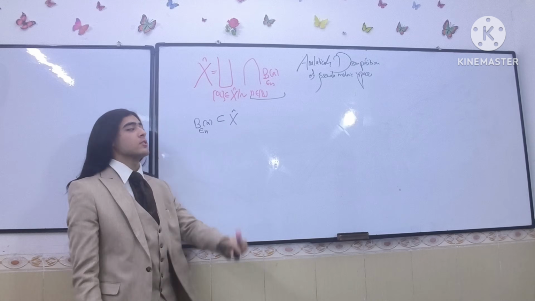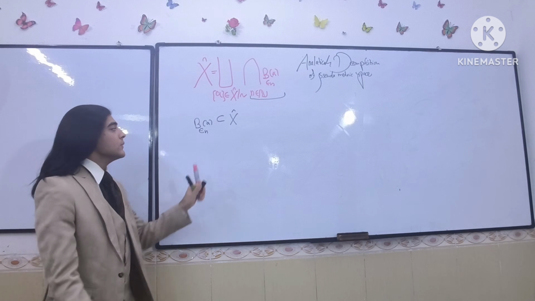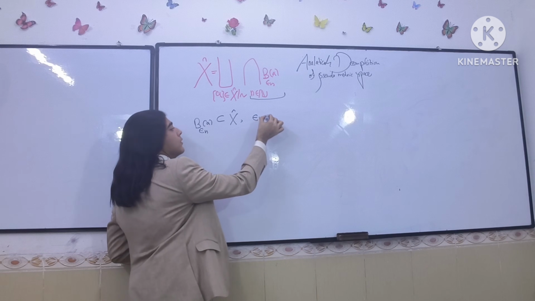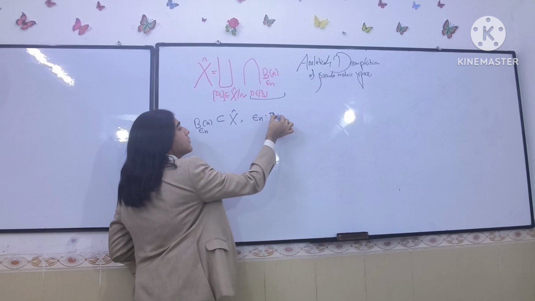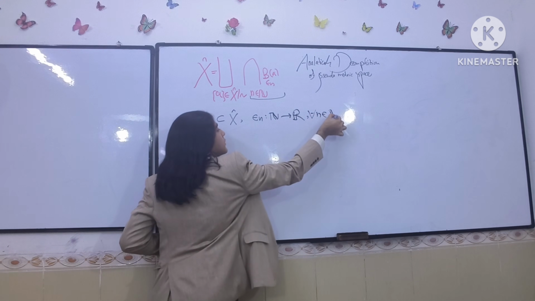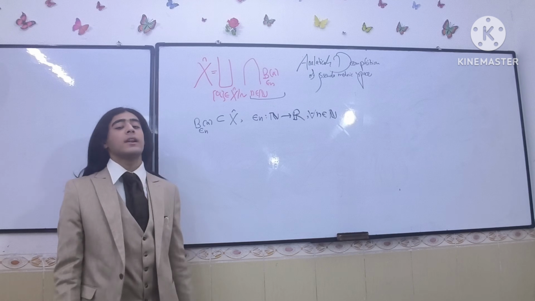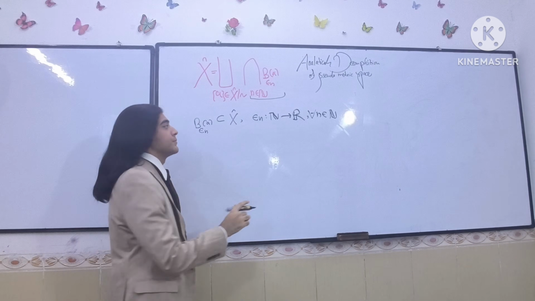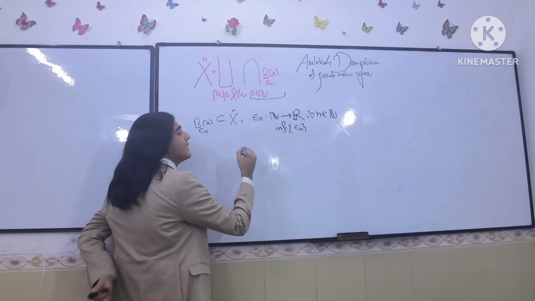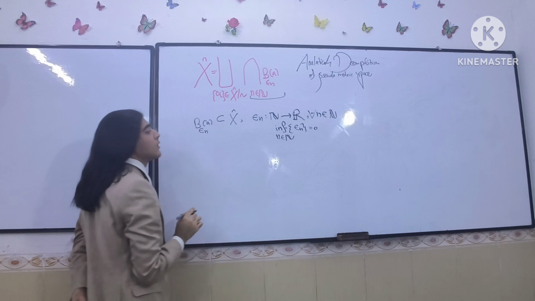It's a subspace of X. Epsilon n is a function from the natural numbers to R for all n natural number, with some special analytical condition, which is that the infimum of epsilon n over the natural numbers is equal to 0.